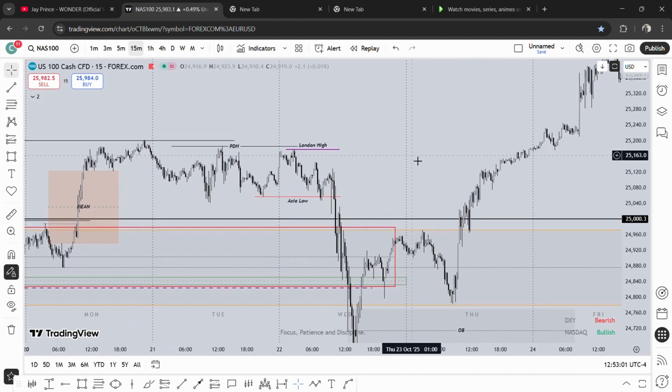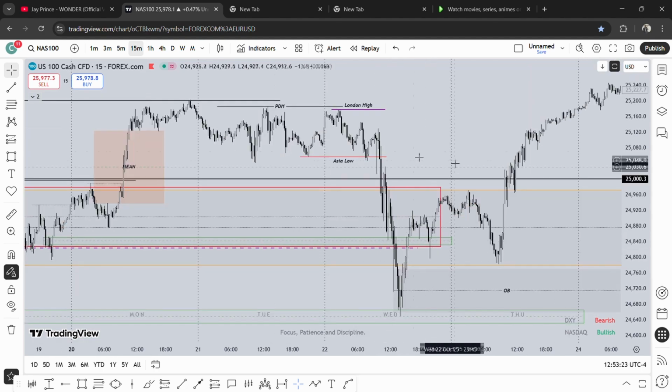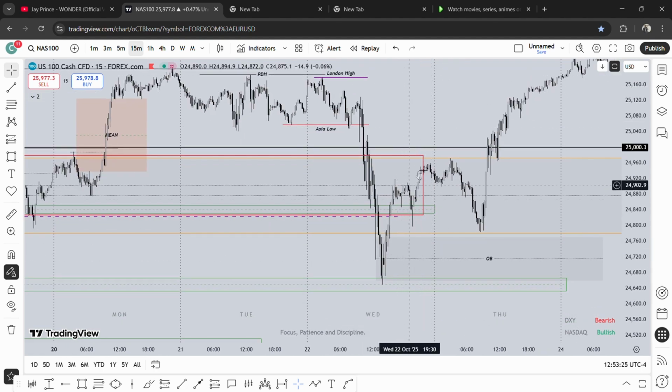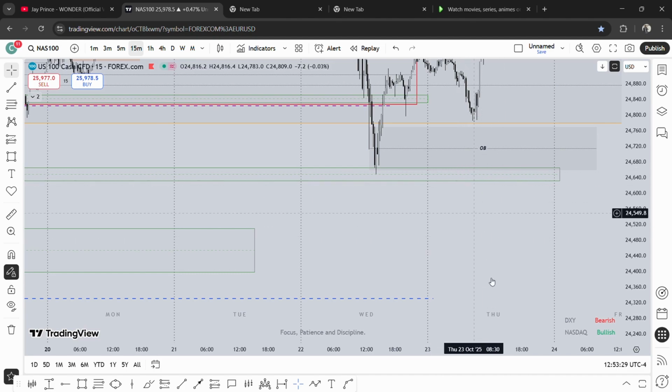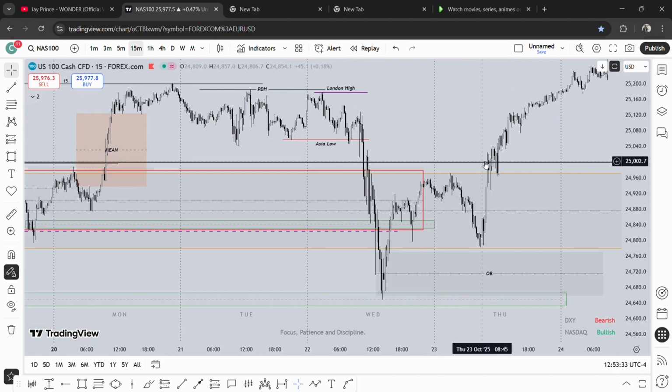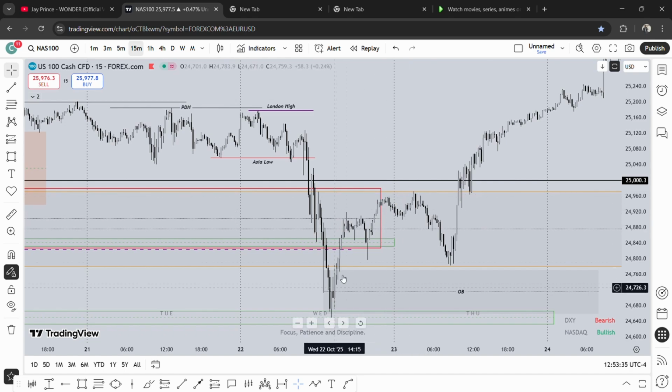It's always safe to enter once price has shifted market structure bullish. This could have been a retracement and then expansion back lower, into these areas over here. So it's always safe to wait for this break over here, shift in market structure, and then retest.